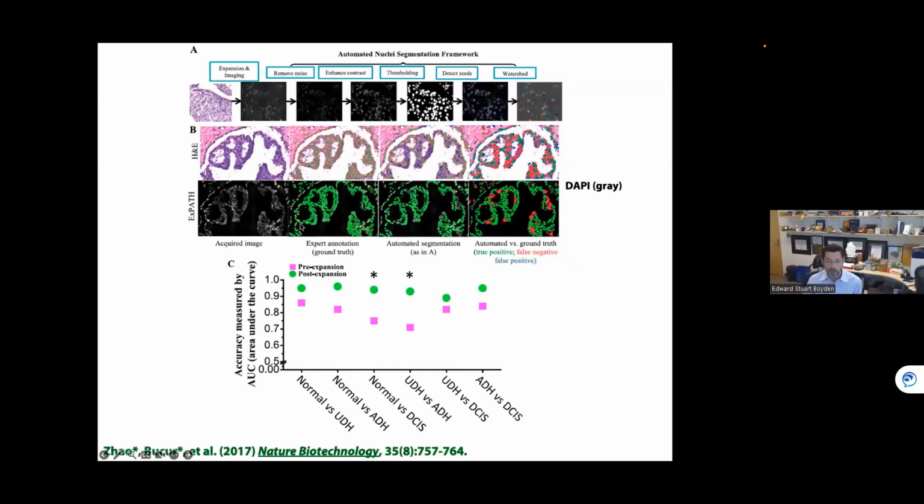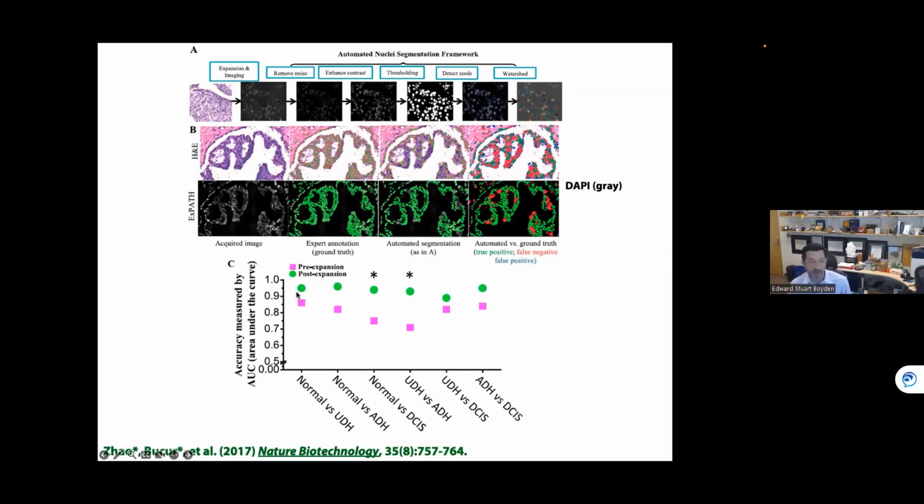The group's votes were used to train the machine learning classifier, and then we did a cross-validation shown at the bottom. And the take-home message so far is that the post-expansion data resulted in much more consistent training of the machine learning algorithm than with the pre-expansion data.